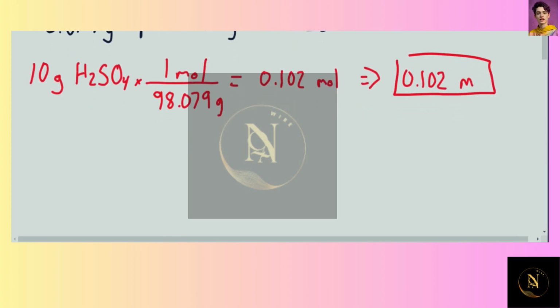Then we're given dT in this problem as negative 0.423. This is equal to negative i, times the molality, times the freezing point constant, which is 1.86.